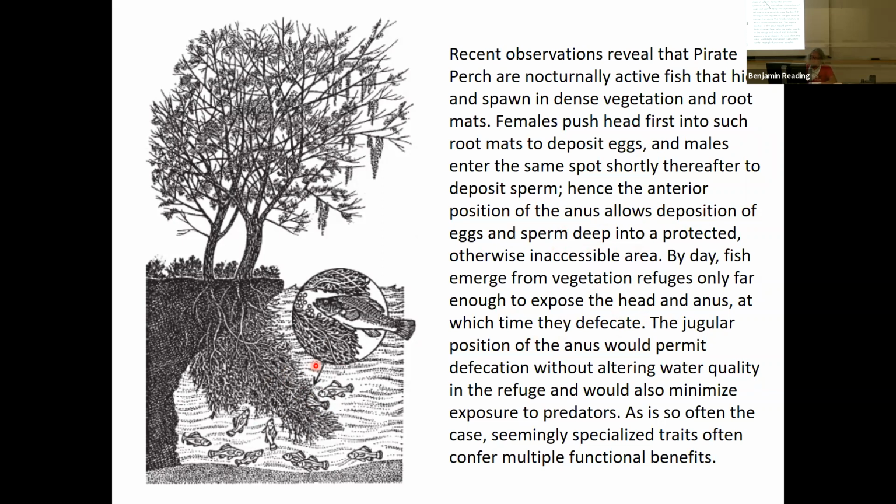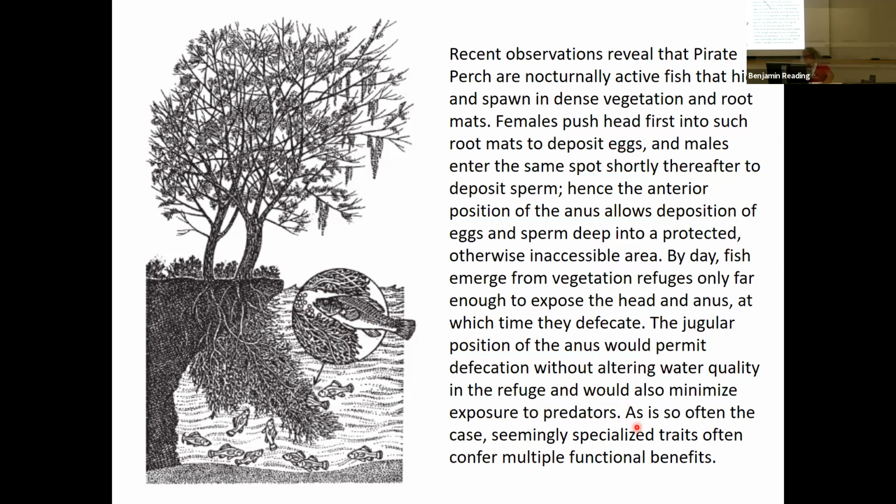And then what they can do is just defecate out of that head-placed anus, and so they don't soil the little habitat they've created, this little house that they live in among the root vegetation. So this allows them to defecate without altering water quality in the refuge, and also minimizes exposure to predators.